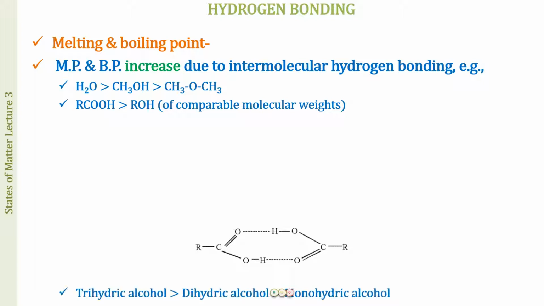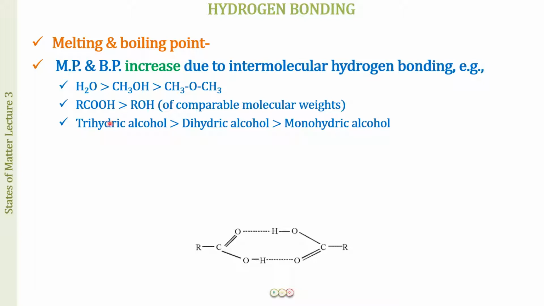The next we have is trihydric alcohols having melting and boiling points greater than dihydric alcohols, which are going to have greater melting and boiling points than monohydric alcohol. Now when I talk about monohydric alcohol, this is the general formula ROH, where we have one OH per molecule.